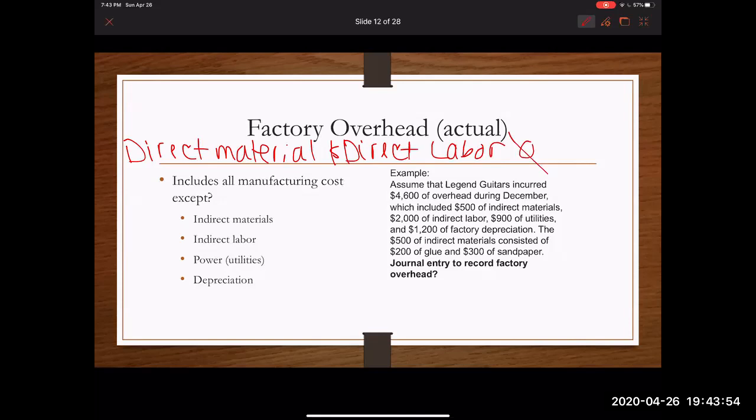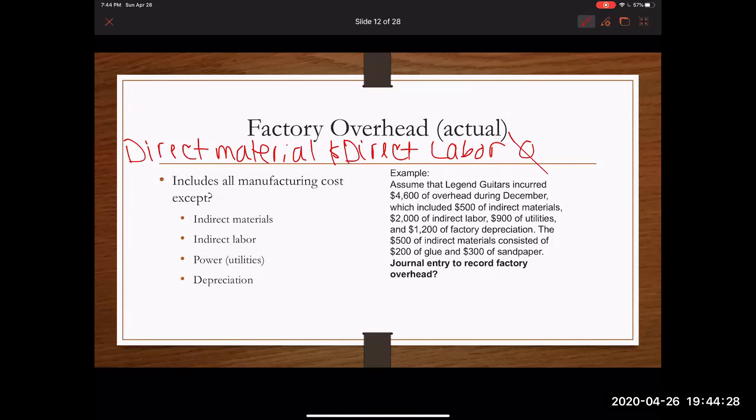Your indirect materials, like maybe the cleaning solution for cleaning the factory floors, or the screws or the strings. It may also include indirect labor, such as the supervisor or the janitor at the location. It may also include utilities, and then lastly depreciation from the machinery and things of that nature.